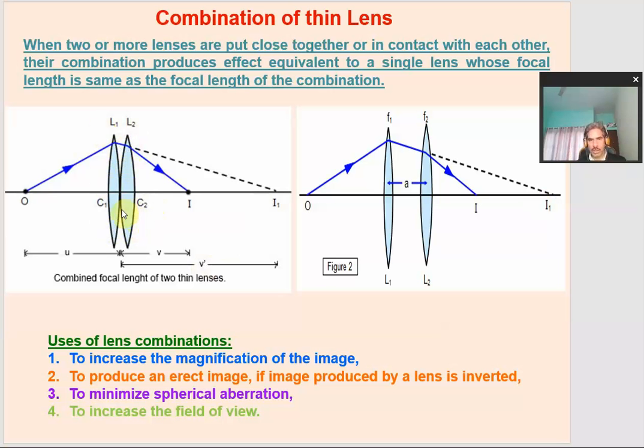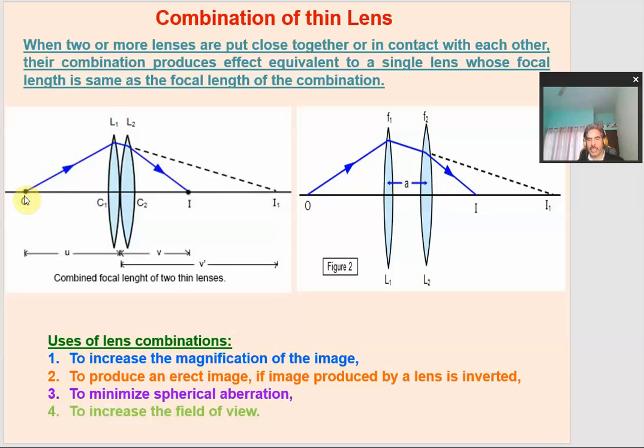Here are two diagrams of the combination of lenses. In the first diagram, the lenses are placed in contact with each other. In the other case, there is some separation between the lenses. So there are two ways in which the lenses can be used. For example, we have lenses L1 and L2, and in front of lens L1 we have an object on the principal axis.